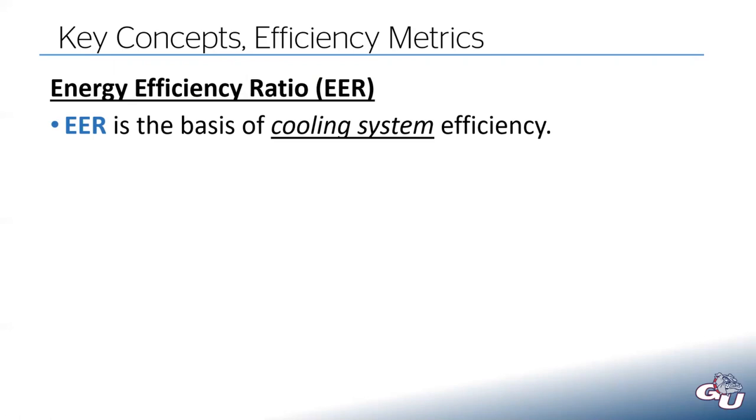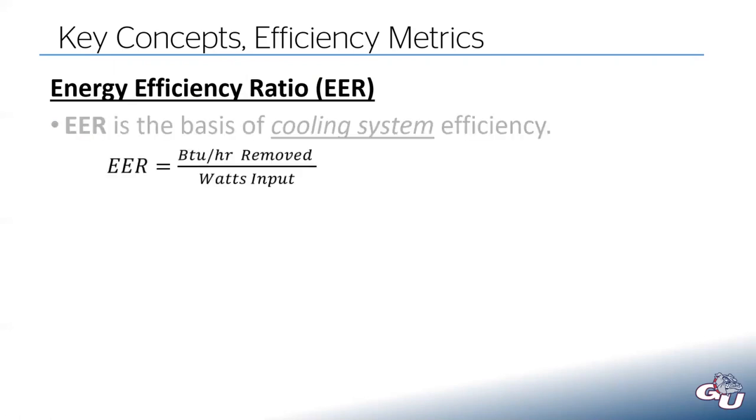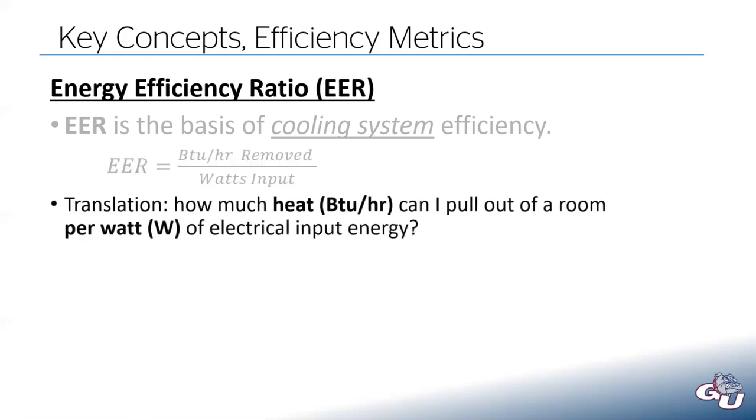The EER is defined as the BTUs per hour that you are removing divided by the watts input that you need to put into this machine to make it do its job. Translation: how much heat can I pull out of a room per watt of electrical input energy?